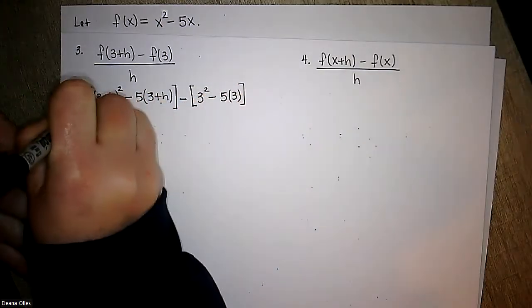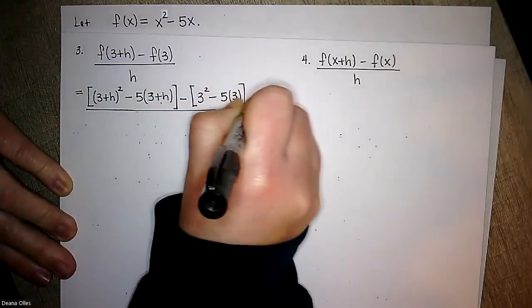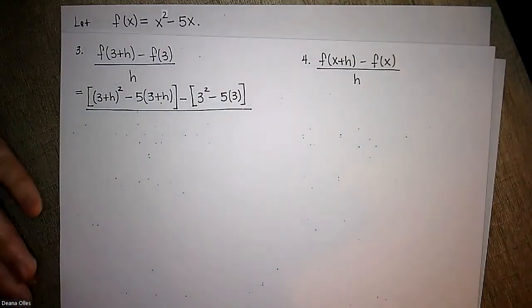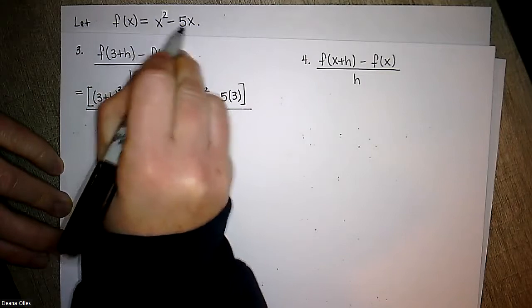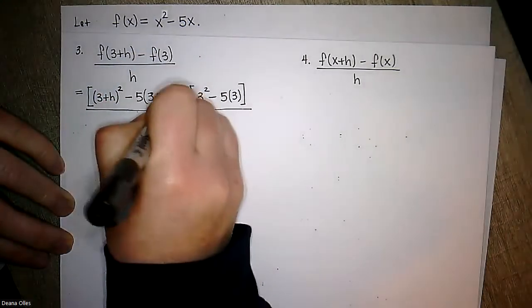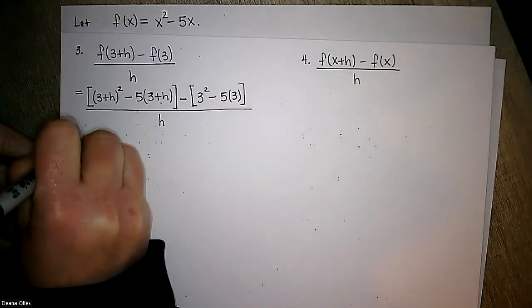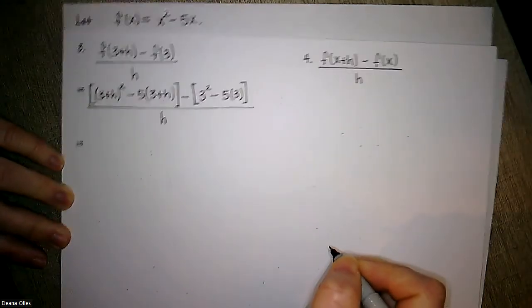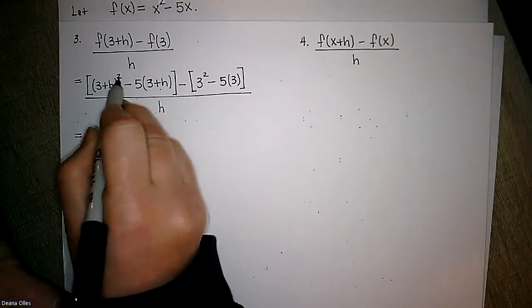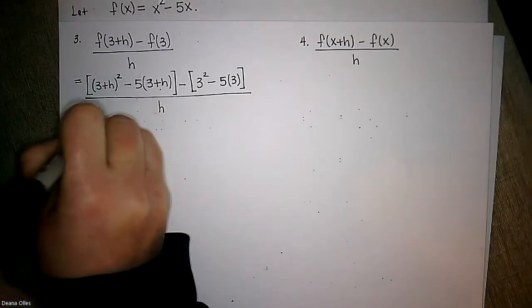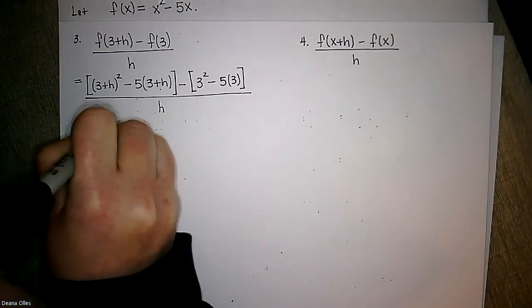So I'm not just adding h to f. I'm taking 3 plus h within f. So I'm replacing x with the quantity 3 plus h here. Okay. And again, that's all over h. So now we're going to do the cleanup game again. Now we have to be careful because when we're squaring something, it doesn't just mean we square each term. It means that we are multiplying it by itself.